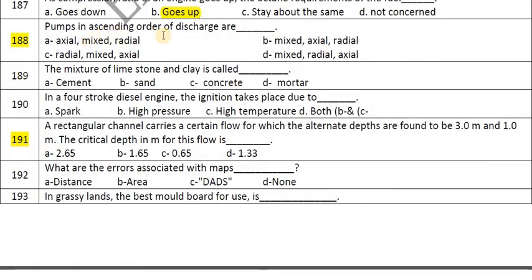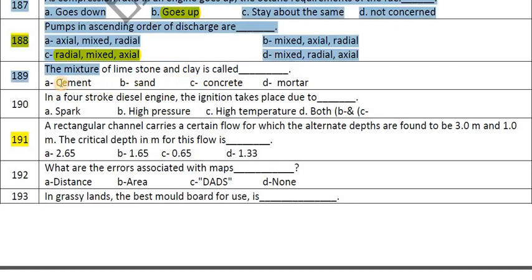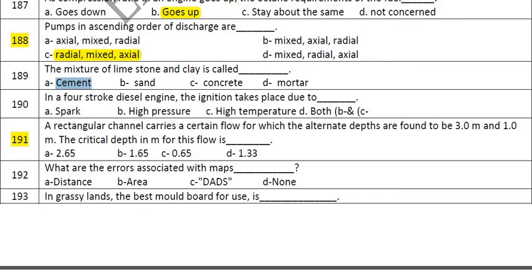Pumps in the ascending order of discharge are radial, mixed, axial. The mixture of limestone and clay is called cement. In the four-stroke diesel engine, the ignition takes place due to high pressure, high temperature. So B and C, both high pressure and high temperature.